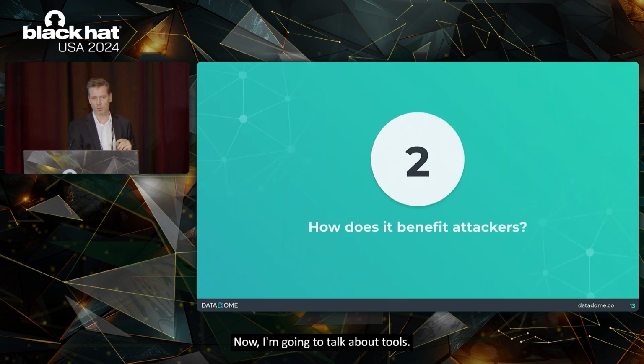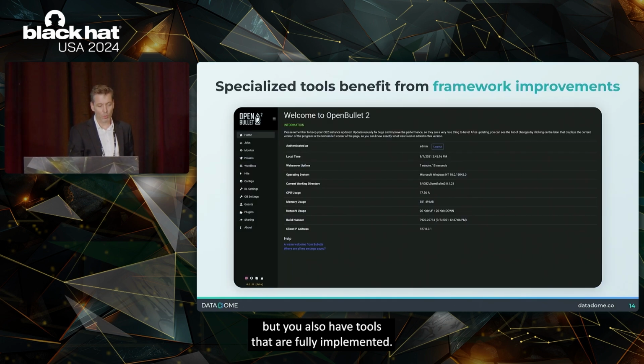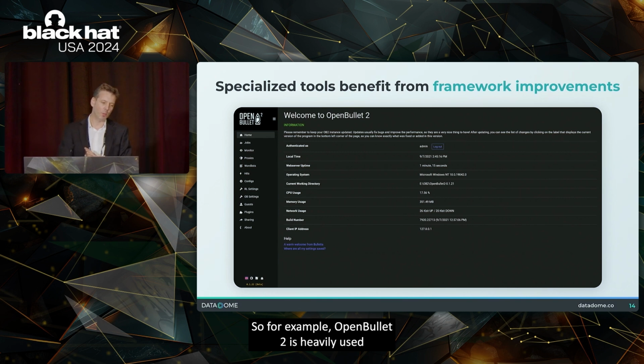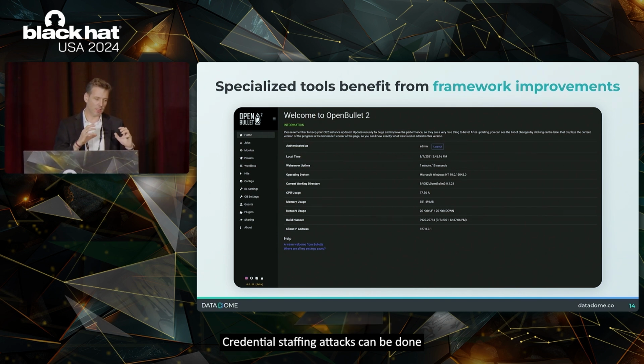Now I'm going to talk about tools. These were frameworks and libraries that you still have to do a lot of work to make work together. Bot creators use them, but you also have tools that are fully implemented. For example, OpenBullet 2 is heavily used by bot creators to perform credential stuffing attacks. Credential stuffing attacks can be done pretty much automatically with this tool.